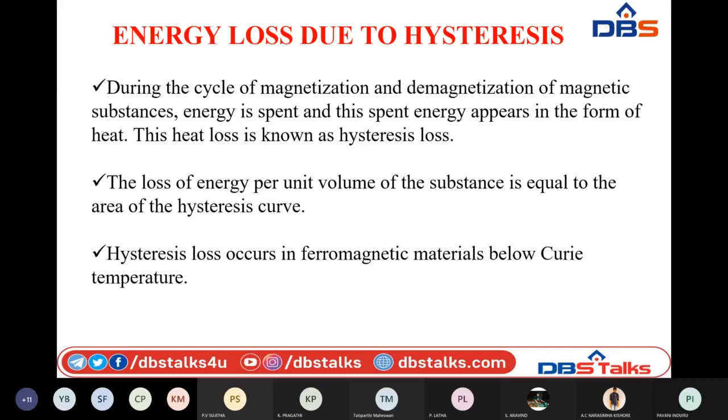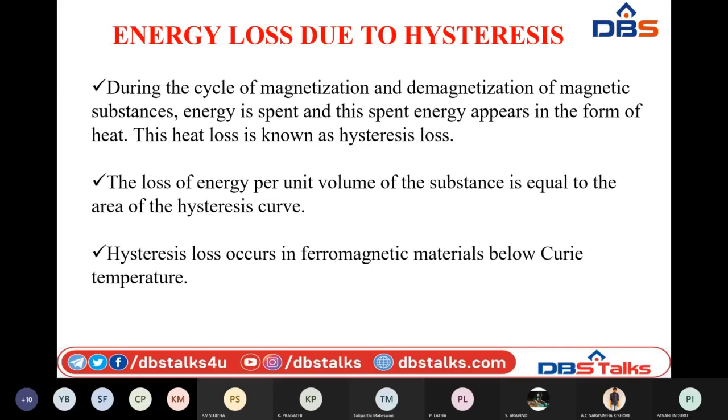Hysteresis loss will occur in ferromagnetic materials below the temperature known as the Curie temperature. Previously we discussed the temperature dependence of magnetic materials. Whenever temperature increases, the substances lose their capability to align themselves in parallel with the applied external magnetic field.